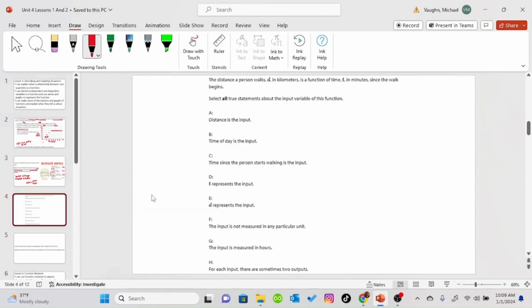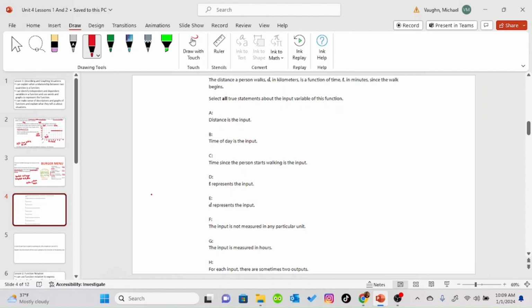Number 3. The distance a person walks, d, in kilometers, is a function of time, t, in minutes since the walk begins. Select all true statements about the input variable of this function.